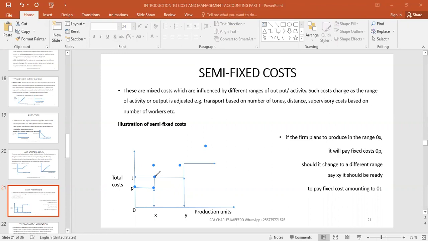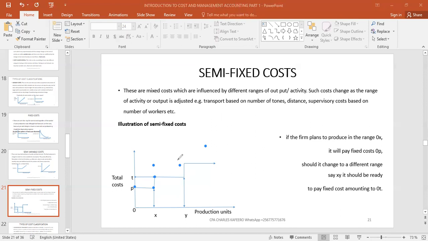Because you may find that in some scenarios, if the output goes to a certain range, they add some small amount, depending on how they organize to pay for the additional output that has been produced. Even here we are paying a constant amount, but it has just leveled up from OP to OT, then from OT to another level, depending on the number of units being produced.